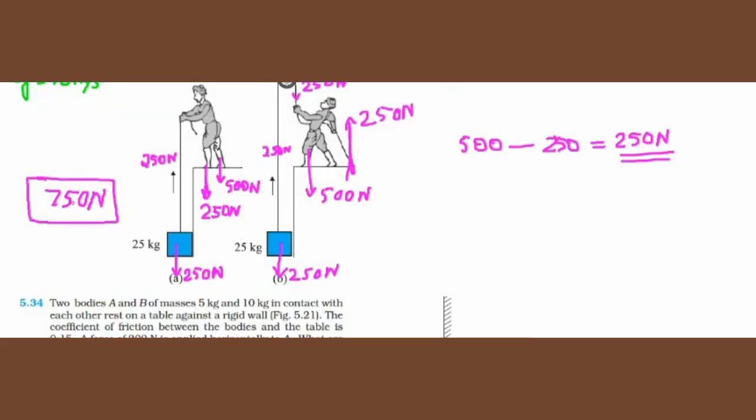While in first case it is 750 Newton, and question says that the floor can sustain maximum 700 only. Therefore, which one of these options you have to select? Of course, it is second option, otherwise the floor will collapse.